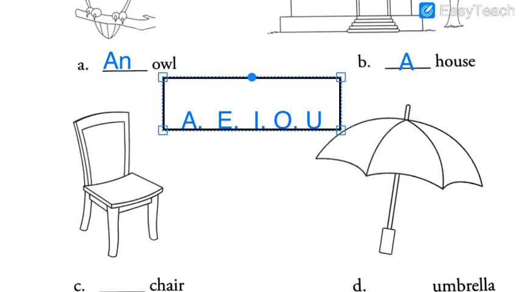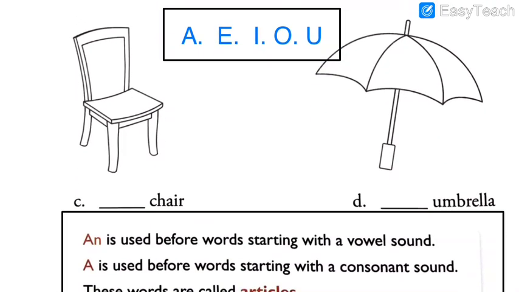Similarly, moving on to the last one, dash chair. Chair starts with C. Is C a vowel? No, C is not a vowel, it is a consonant. So we will write a chair, not an.